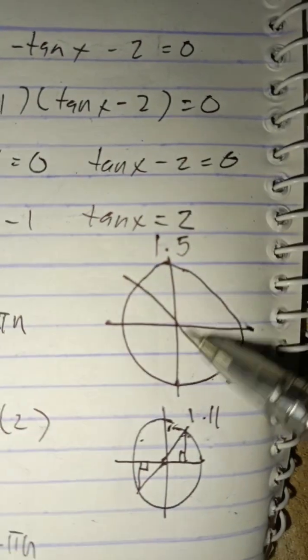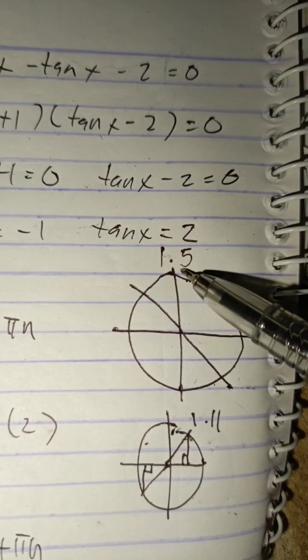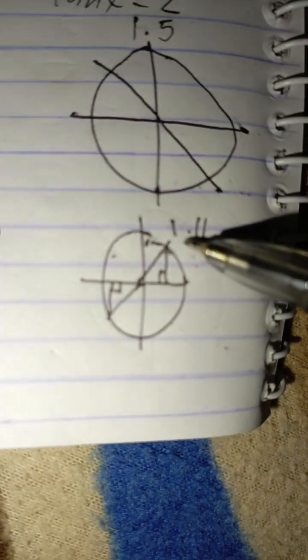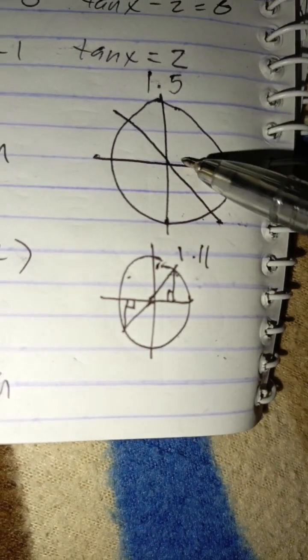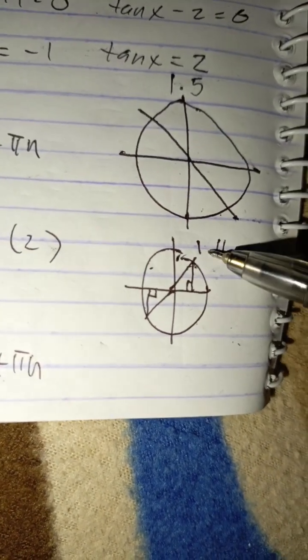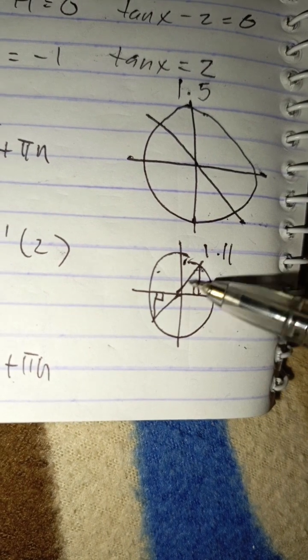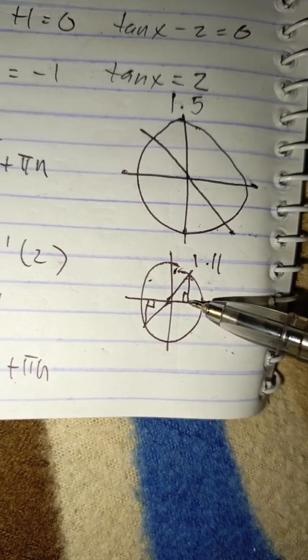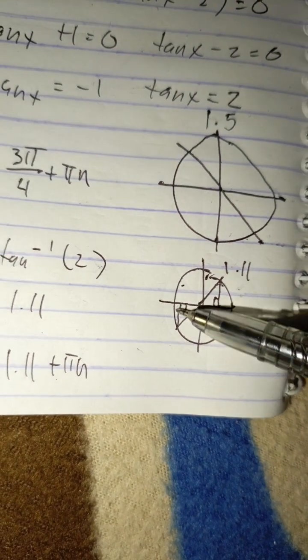So 1.11, we're going to find where it is in our circle. So in a circle, there is 1.5 here in the 90. So 1.11 is probably right here, past the middle. So we're going to make a small reference right triangle here and its corresponding reference right triangle here.